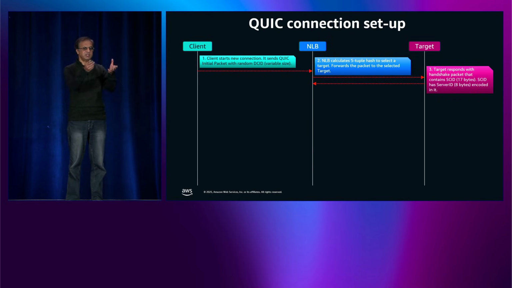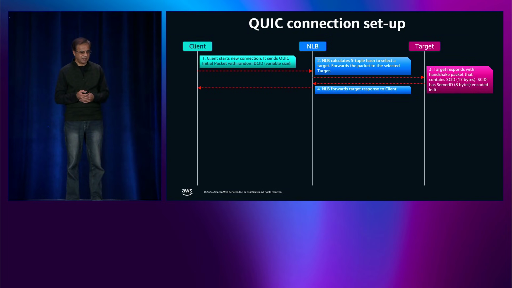So the server essentially tells the client that my ID is this 8-byte value, and use this going forward. So even when the connection changes, the client will keep using the same server ID. That means the connection will always go back to the same server. That's the point of that connection ID.